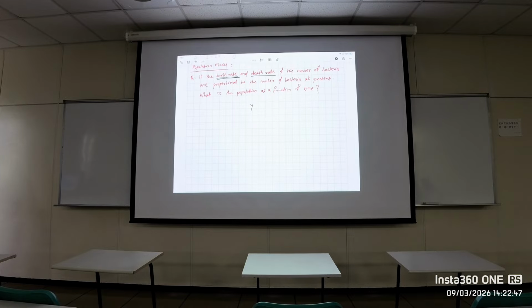One is the birth rate, another one is the death rate. It is saying that the birth rate is proportional to the population and the death rate is also proportional to the population.